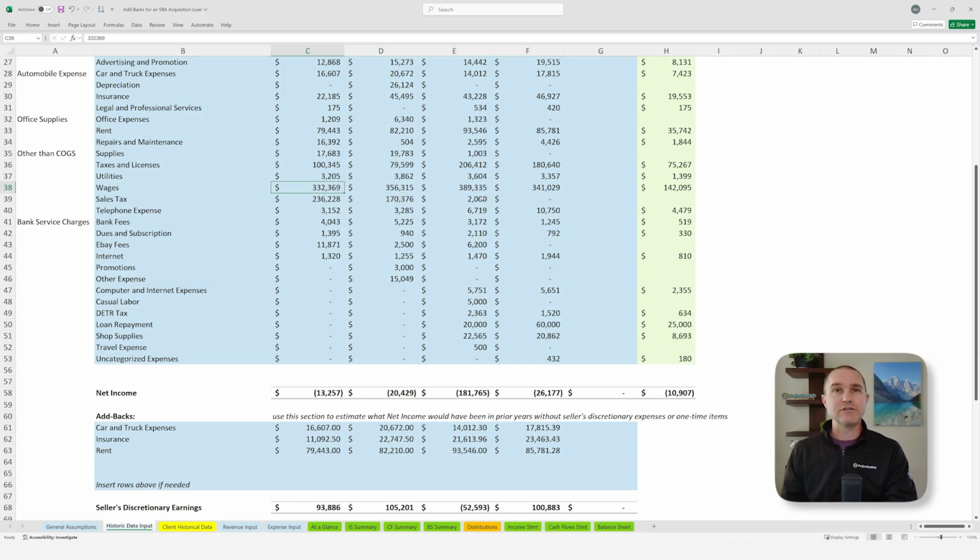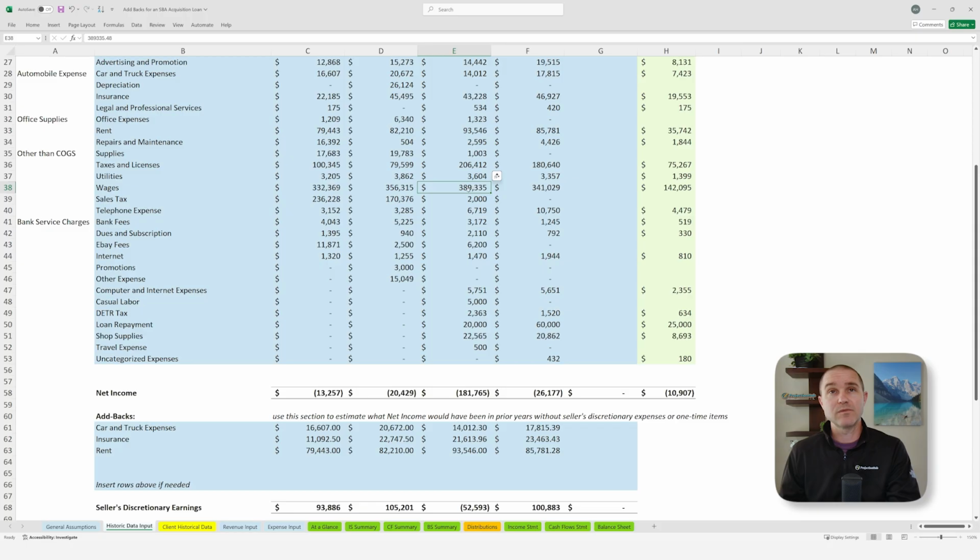Okay, let's look at wages. Wages here is a common potential add back because the seller might be paying themselves, or might be paying a family member who maybe does a job but isn't absolutely necessary in the business. So here it's a pretty big number.